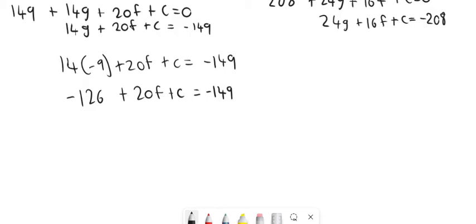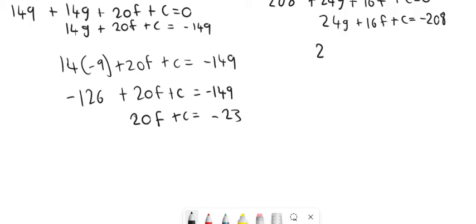If I bring the minus 126 to the other side and add it on, I get minus 20. Then I'm going to do the same over here.